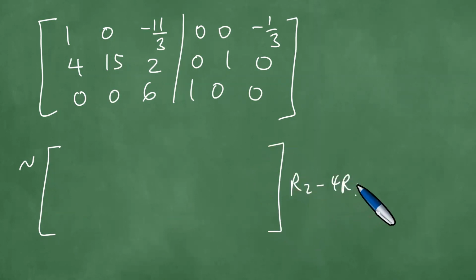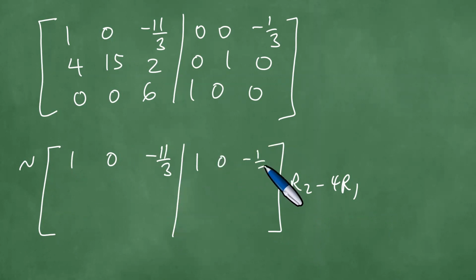Row 2 minus 4 row 1: 1, 0, minus 1 over 3, 0, 15. And if you multiply by minus 4 and add to this, that's 44 out of 3 plus 2, which is 50 out of 3.